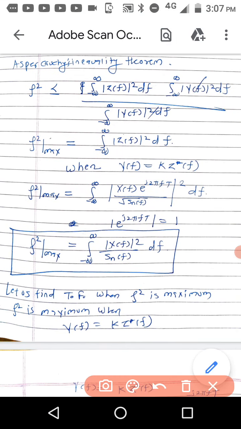Now what is Z(f)? Z(f) is equal to X(f) e raised to j2πf over square root of S_n(f), squared. Now mod e raised to j2πf is 1.